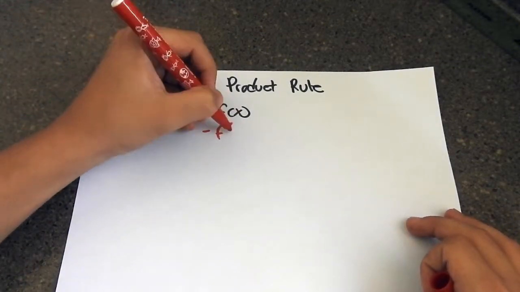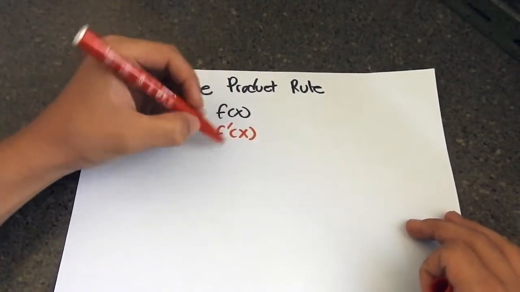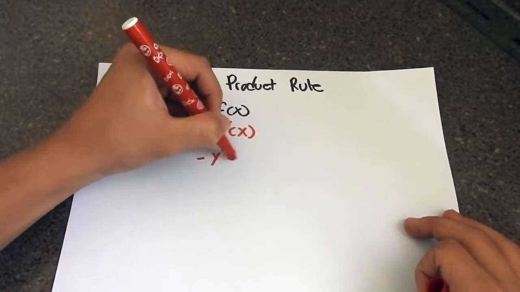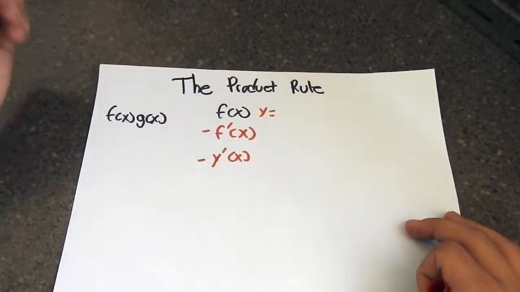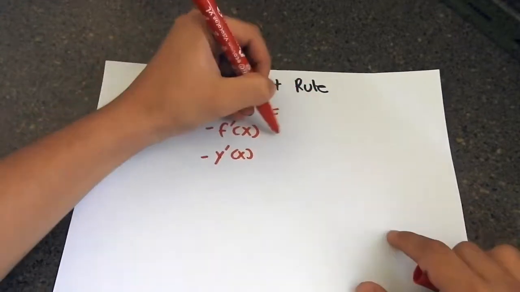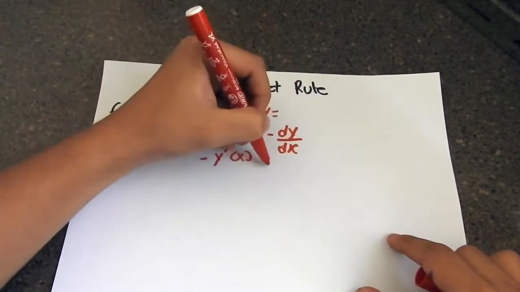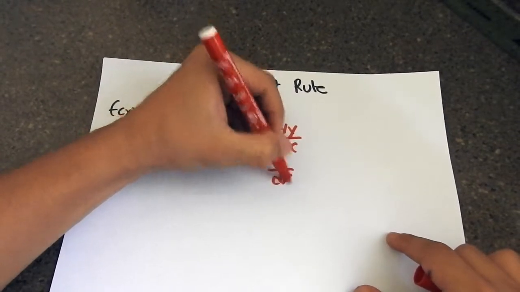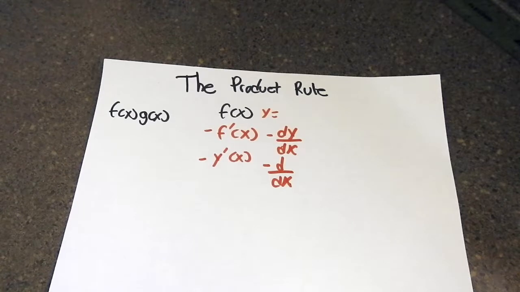We say that f prime of x is the derivative of f of x, or y prime of x when we have it in the form of y equals. We also use dy over dx or d over dx. This indicates that we're talking about the derivative and not the original function.